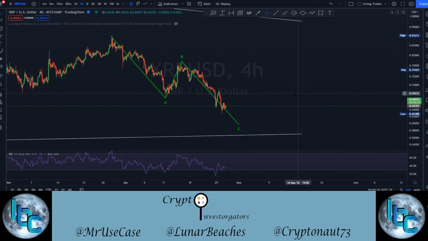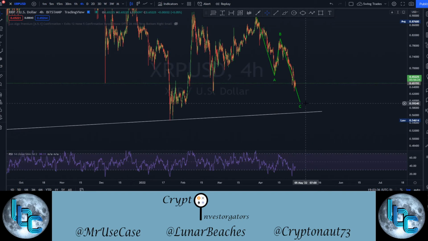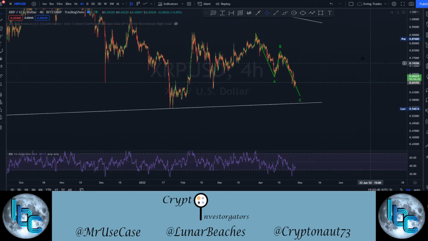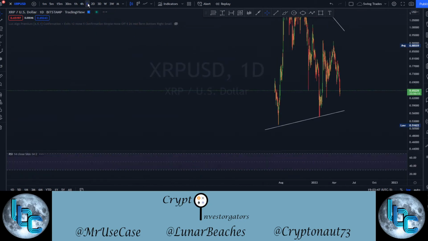I think 60 cents would be an amazing buy for XRP. You also don't get lower than this low over here, so you don't create a new lower low on a bigger time frame.